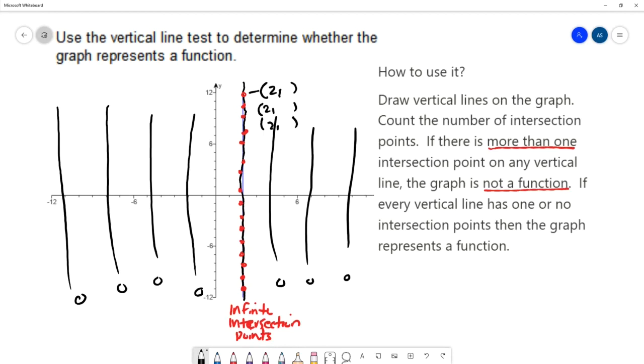So all of these ordered pairs have the same x with different y's. With the definition of a function, every x has to have exactly one y. Here we have an x with multiple y's, and that is not a function. So this graph is not a function.